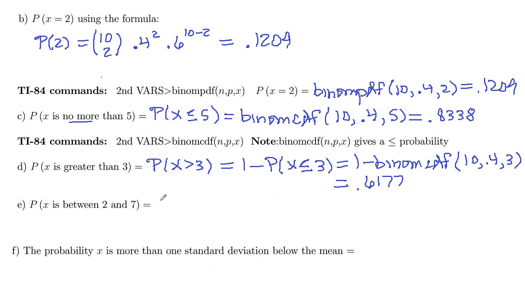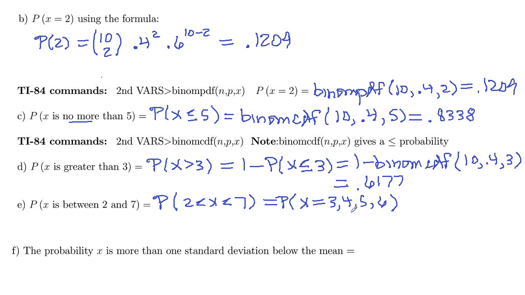Between 2 and 7. So this is probability that 2 is less than x is less than 7. So that's the same thing as saying probability if you're between 2 and 7, that would be 3, 4, 5, 6. So x equals 3, 4, 5, or 6.